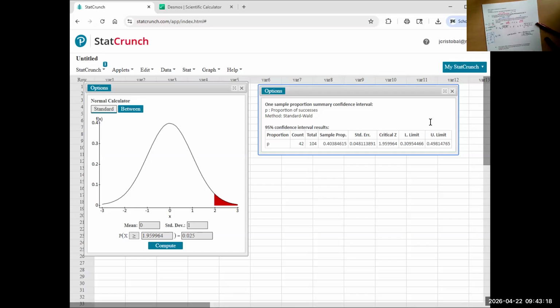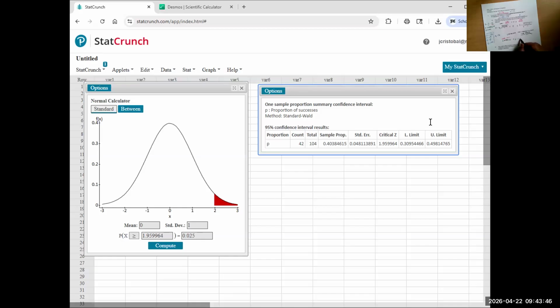Now, for our proportion p for the population, we're estimating with 95% confidence that our lower limit is 0.3095 4466, or lower bound, I call it up here, same idea.